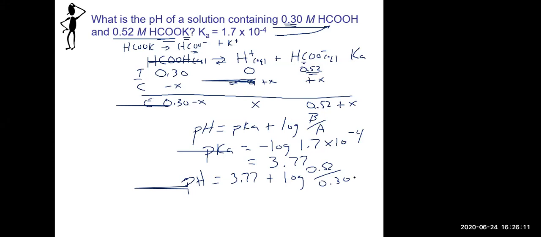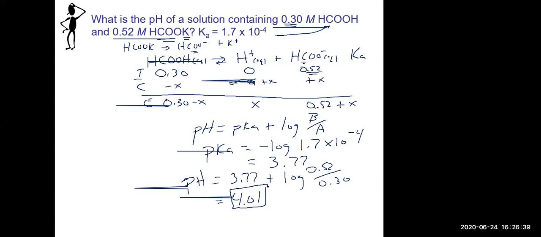And if we do that, 0.52 divided by 0.3, take the log of it, and add 3.77, we get something like 4.01 as our pH in this case. And again, if you went through the ICE table, perfectly fine to do. You should end up with pretty much the same answer.